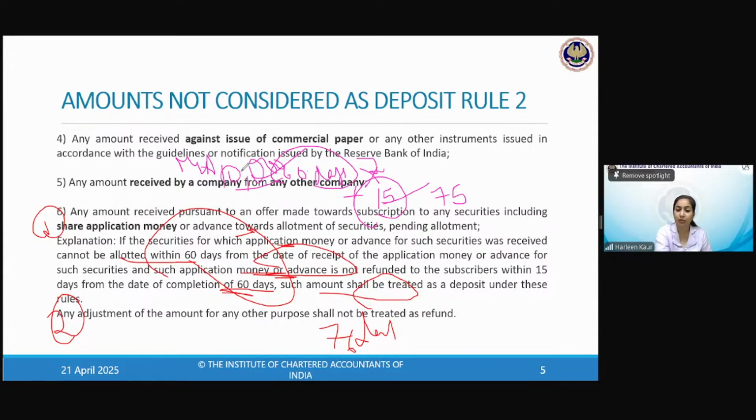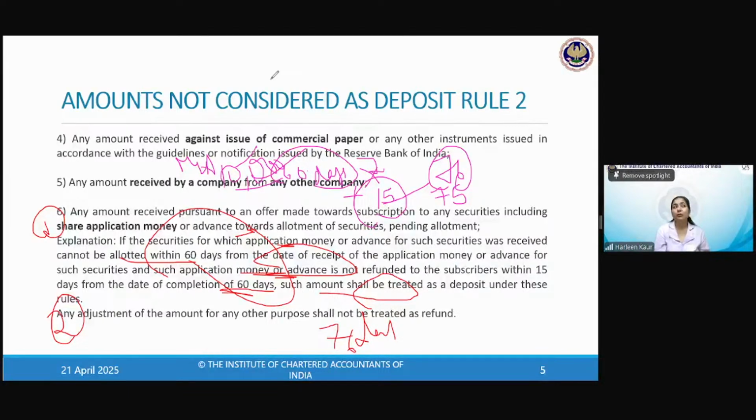So from the 76th day, starting from the day when he gave the money, this 10,000 will be treated as, what will you treat it as? It will be treated as deposits. Now sections 73 to 76A will become applicable to this amount of rupees 10,000. Everyone is clear on this?